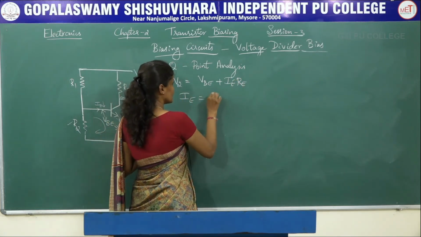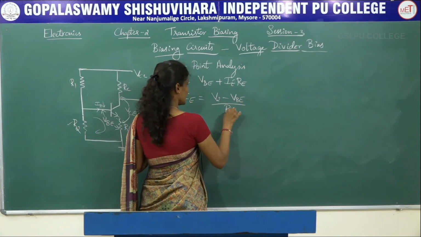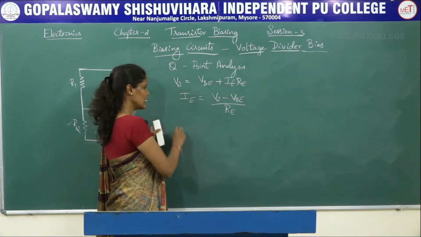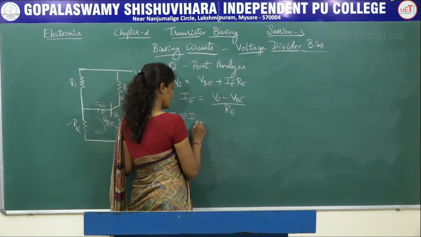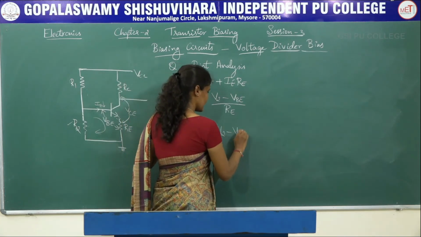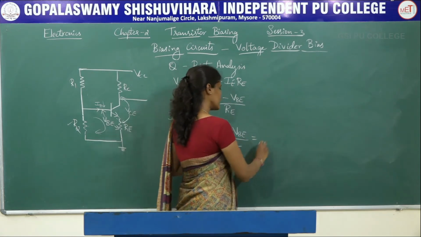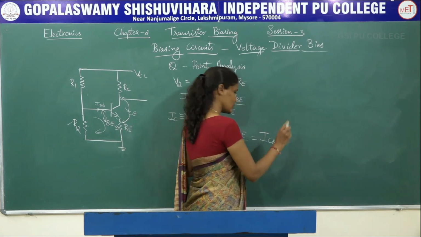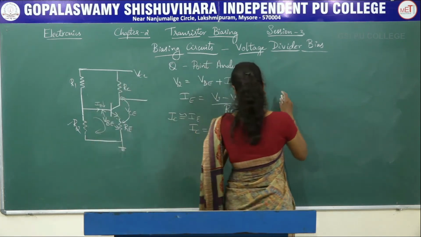IE will be equal to V2 minus VBE divided by RE. Right? But IC will be approximately equal to IE. So IC is V2 minus VBE divided by RE, which can also be called ICQ. That is the operating point on the y-axis.